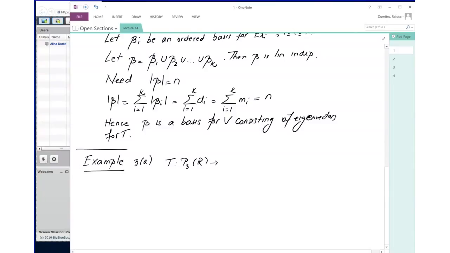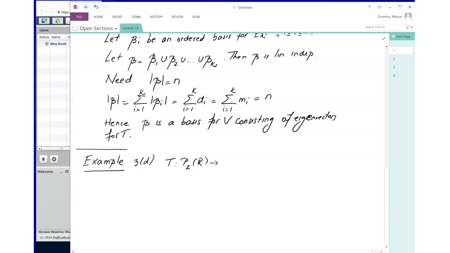I don't know if I want to do this because P_3 has dimension 4, so that would give us a 4 by 4 matrix to compute the determinant. So let me take that back. And let me go to part D, which is only defined on P_2. So 3 by 3 is easier to work with.